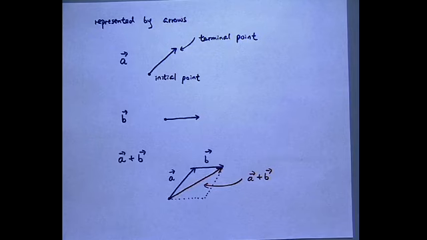Okay, let's do another example with the same two vectors I had. So here's A, and here's B. So let's find out what, let's say, A minus 2B would look like.